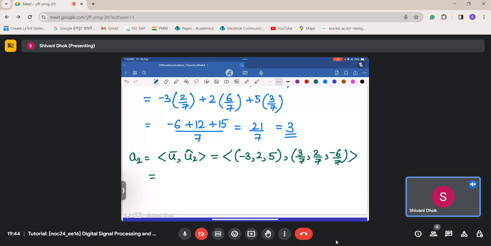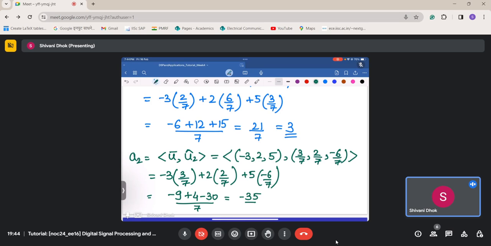So this is equal to minus 3 into 3 by 7 plus 2 into 2 by 7 plus 5 into minus 6 by 7. This is equal to minus 9 plus 4 minus 30 by 7, which is equal to minus 35 by 7, which is equal to minus 5.